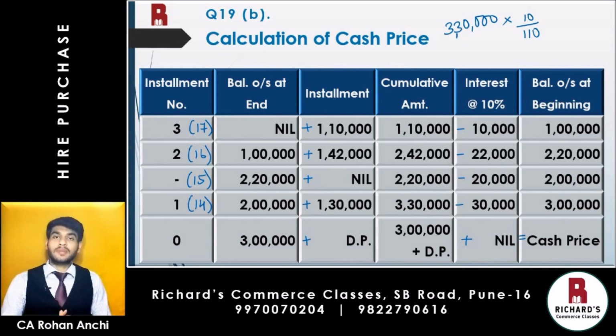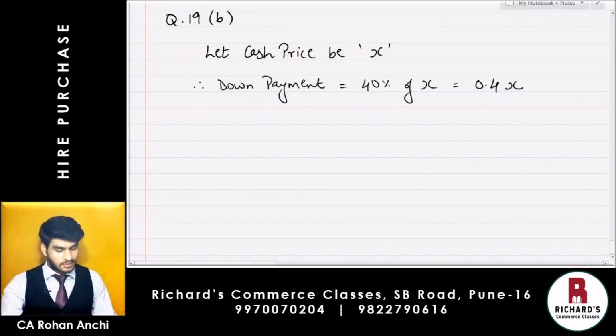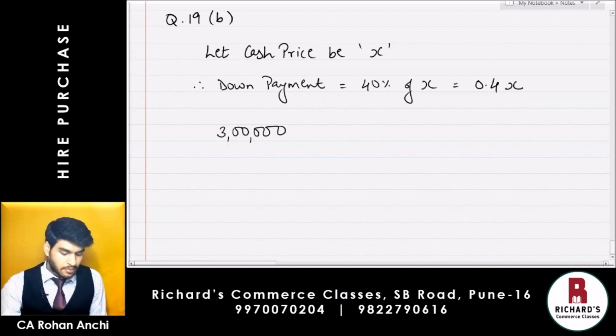We have done this in the previous lectures also, but here we are forming an equation because down payment also is missing and cash price is to be found out. So forming the equation there, 3 lakh plus DP will be the cash price of the asset. From the table we have 3 lakh plus DP is equal to the cash price.